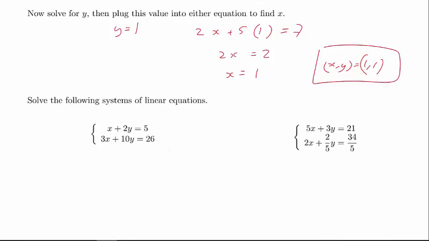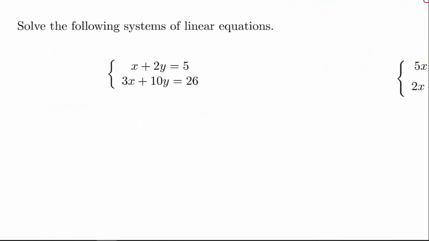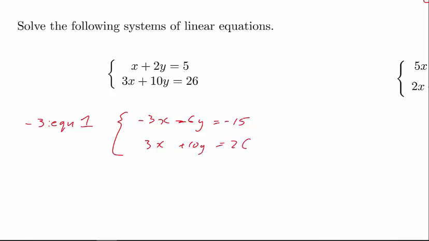Let's go ahead to the next example here. We'll be using this very same technique. Note we're going to multiply this system by negative 3 times equation 1. And so the system then becomes negative 3x minus 6y equals negative 15, and then the original equation 3x plus 10y equals 26.